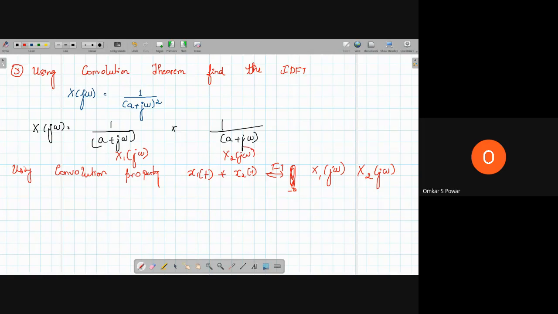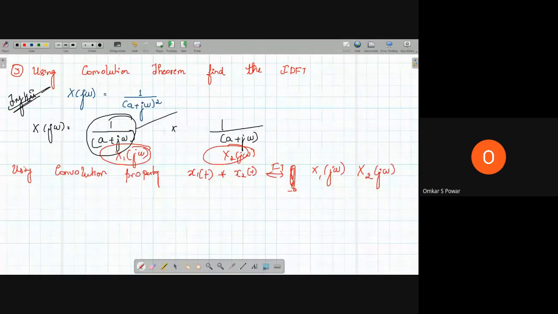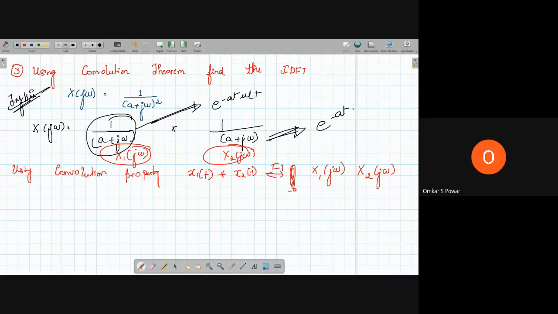Then what is the corresponding time domain signal? That we will solve in the next class. Try this one as homework. I'll solve this in the next class, but give it a try using the properties. I'll just give a hint: you can express this one as e power minus at u of t, and this one as again e power minus at u of t.